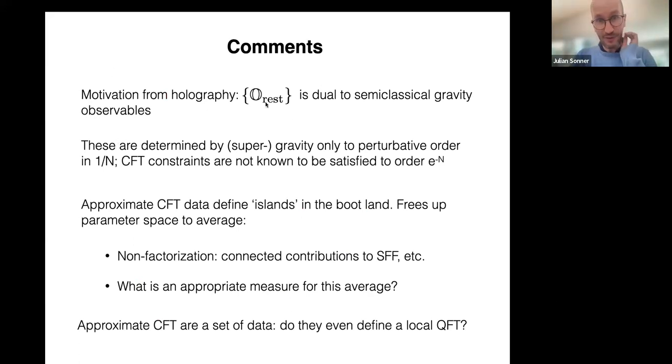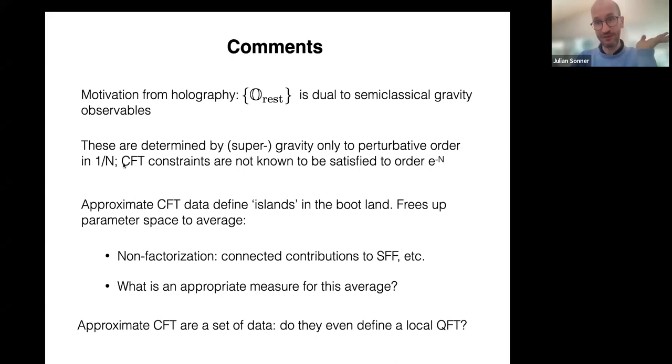But from the holographic point of view, I want to make one more comment this audience will probably understand very well. If you say these correlation functions are dual to supergravity observables, then of course you immediately see that they're only determined by definition to perturbative order in the 1/N expansion, which I called the e to the minus S expansion before.